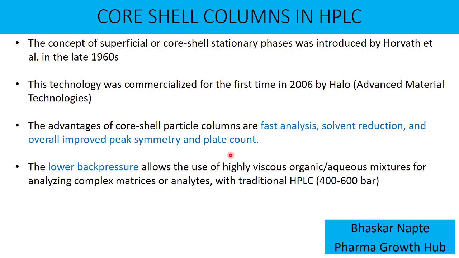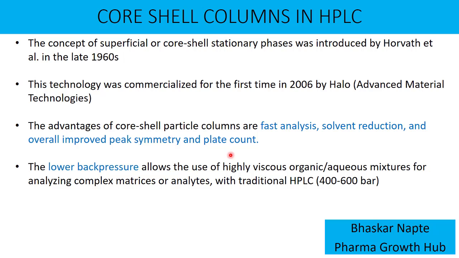Another important advantage of using core shell columns is the low back pressure. Because of this low back pressure, you can use these columns on an HPLC, up to 3 micron columns, with the traditional requirement of around 400 bar to 600 bar.